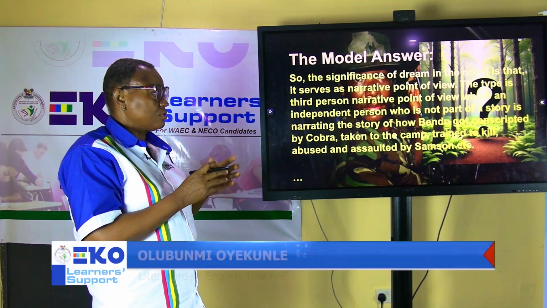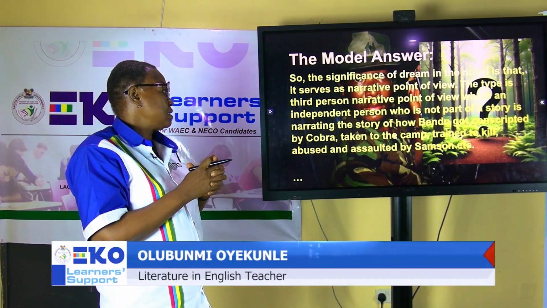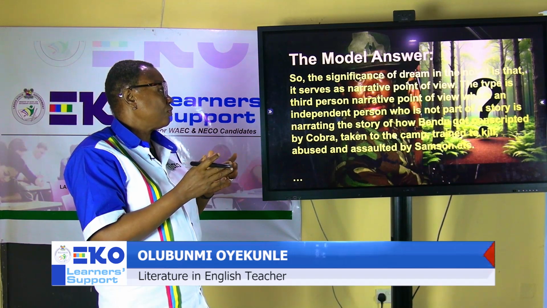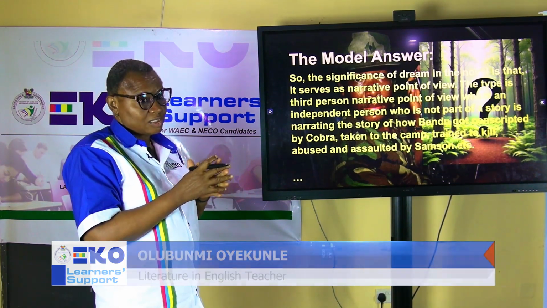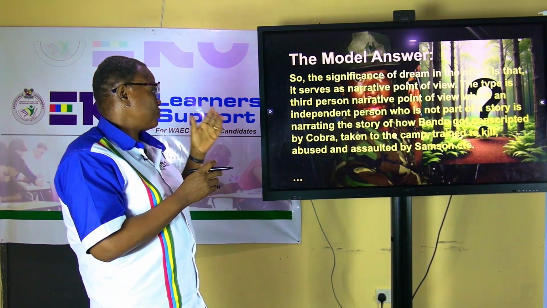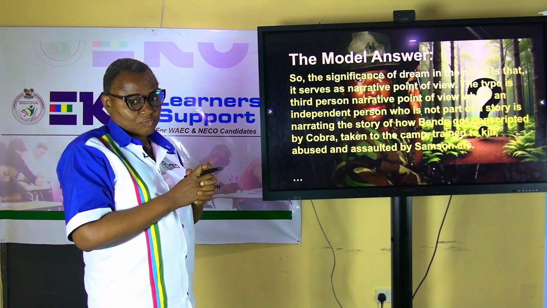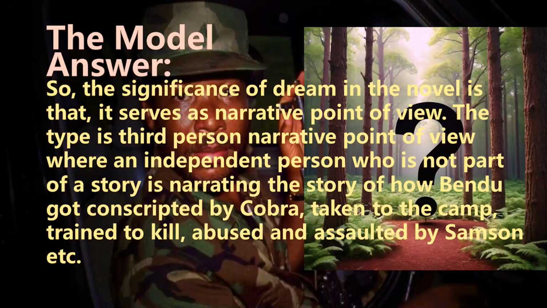A narrative point of view is a type of, we have two types of narrative point of view. We have first person narrative point of view and we have third person narrative point of view. In third person narrative point of view, the narrator is not part of the story.